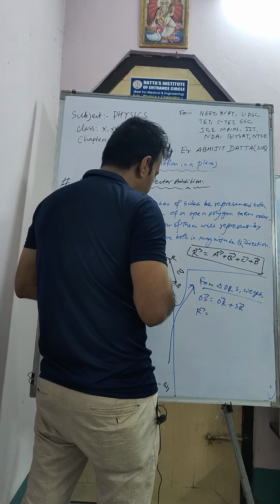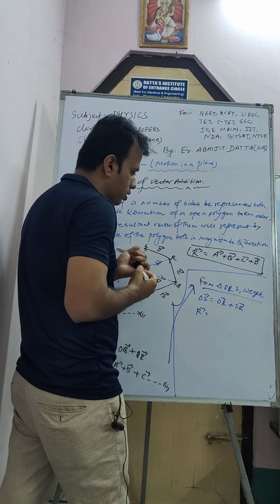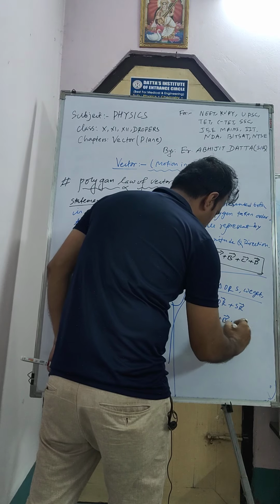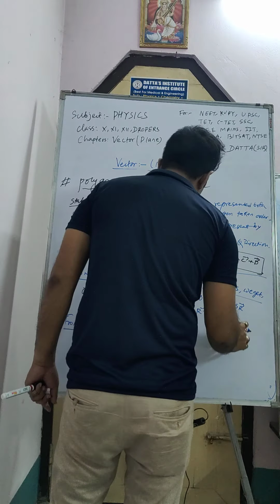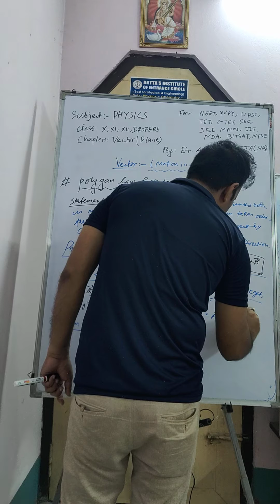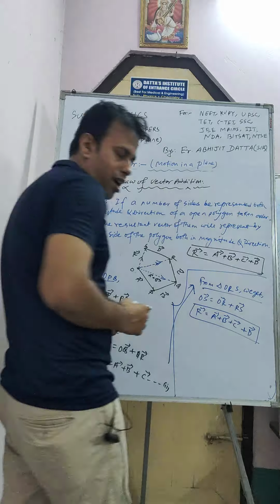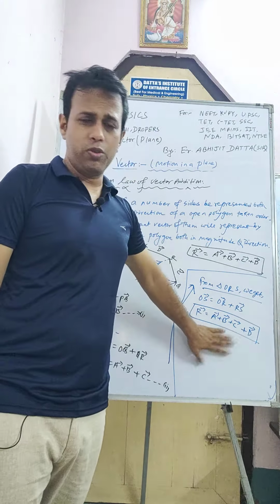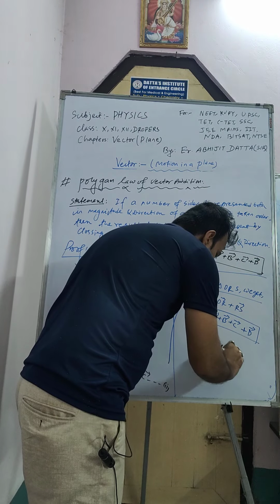From equation 2, OR is A vector plus B vector plus C vector, and RS is D vector. So it becomes resultant vector R equal to A vector plus B vector plus C vector plus D vector. So this is the proof. Okay, so we proved it, right?